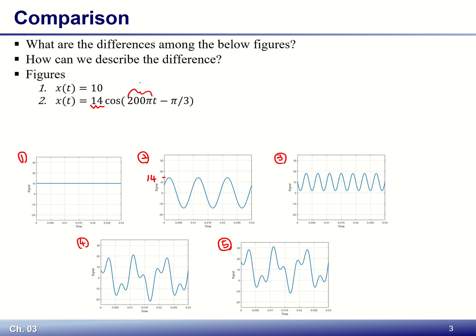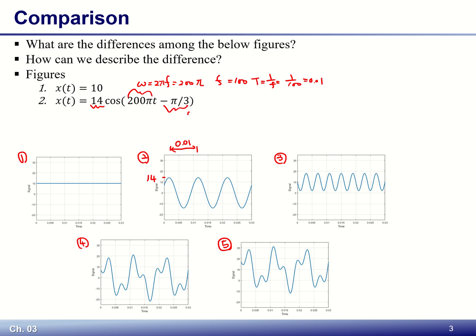This means radian frequency. So f will be 100. So the period T is 1 over f, 1 over 100, from top to top, which will be 0.01.